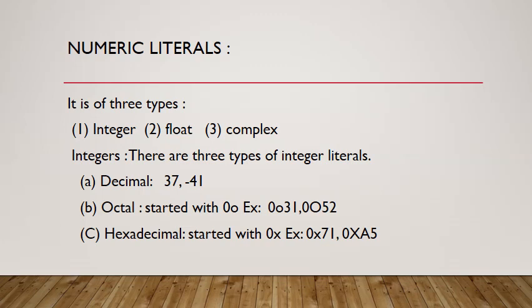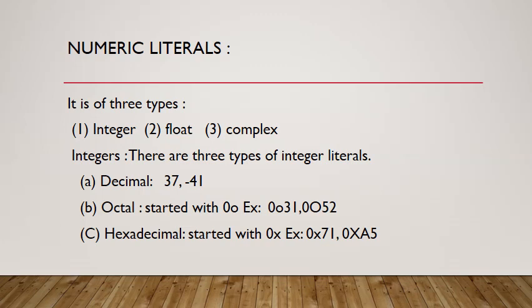Next is octal literal. It can be written by using octal digits, but it starts with 0o, either in lowercase or in uppercase, like 0o31 or 0o52 are octal literals.